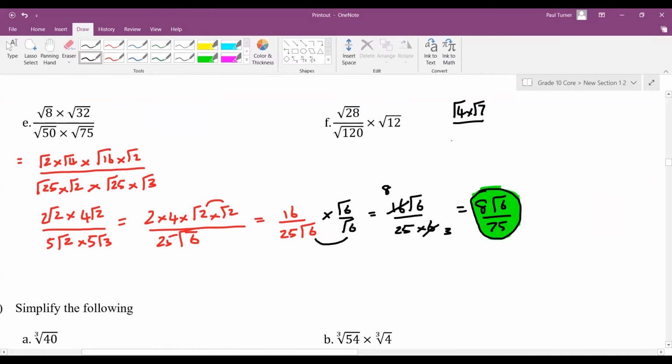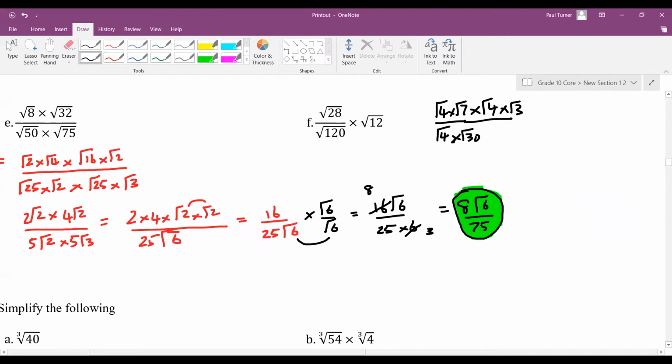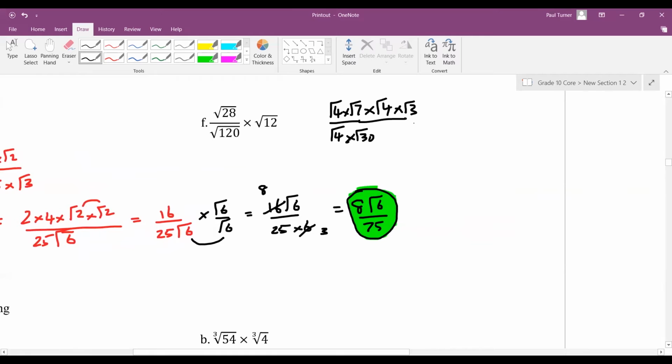So we've got root 10 times, what we have 3, 4, let's try 4. 4 times 30, right? That's one way we could go. Root 12 is on the top, so that's root 4 times root 3. So some things will cancel out here. Let's see what happens.